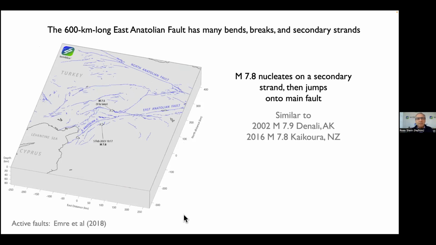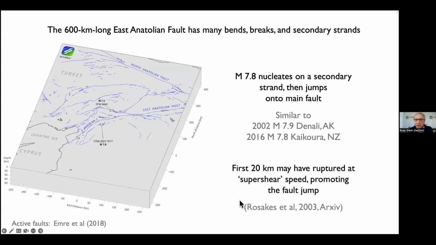It's like a kind of a freeway entrance or a highway entrance where you get going and you get onto the main route. And recent work, just a couple of days old, from Razakis and his colleagues at Caltech suggests that in the first 20 kilometers, when this rupture got itself onto the East Anatolian Fault, it was rupturing at supershear speed, about 50% faster than the shear wave velocity.